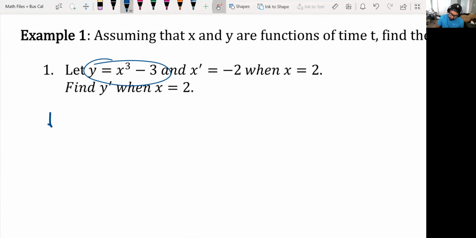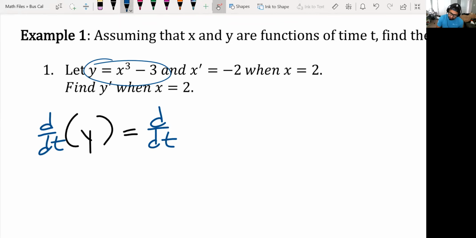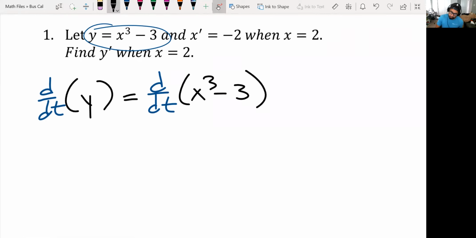We're going to say d over dt of y equals d over dt of x cubed minus 3. Following the legend above, the implicit derivative of y with respect to time is going to become y prime.